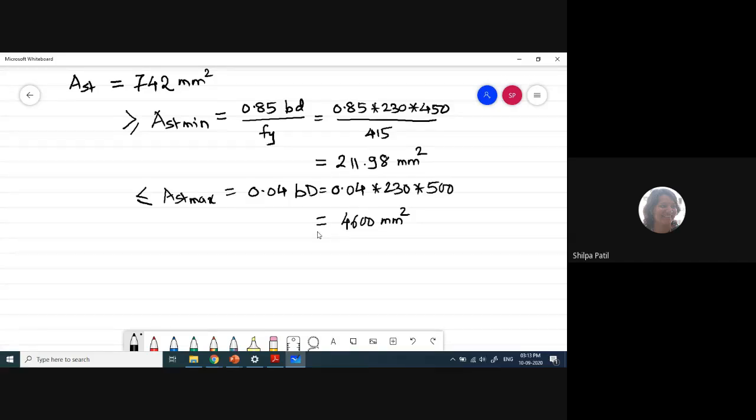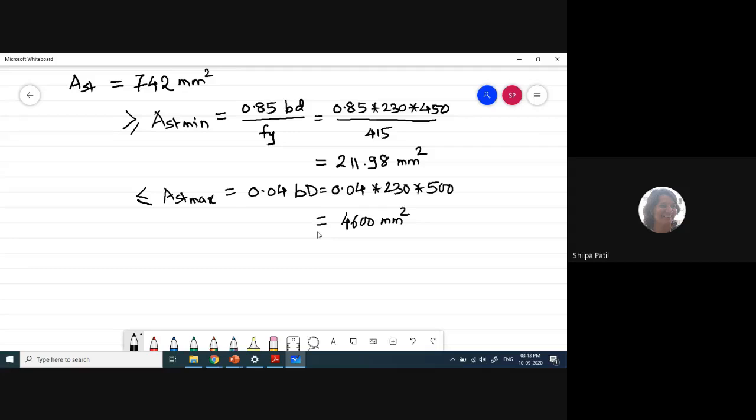AST of a single bar multiplied by number of bars is equal to total AST, right? So if I divide the total AST by the area of a single bar, I can find out number of bars. This is a simple logic.